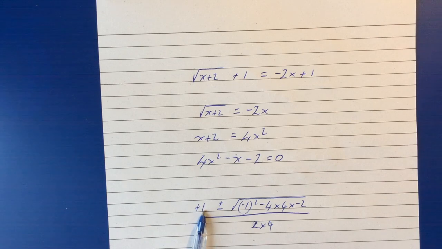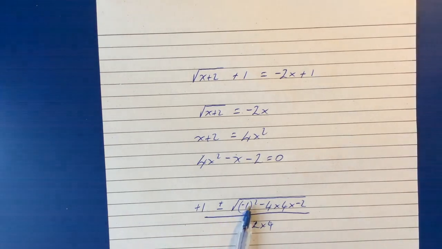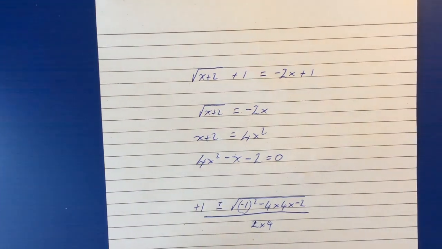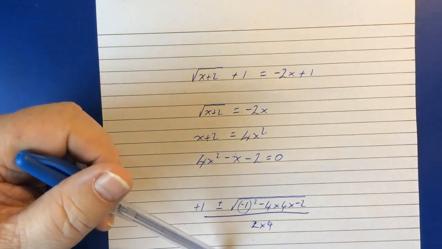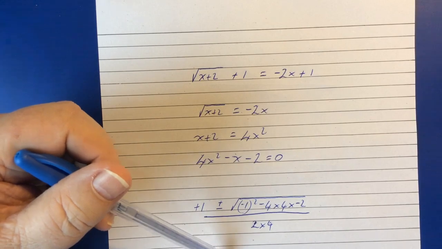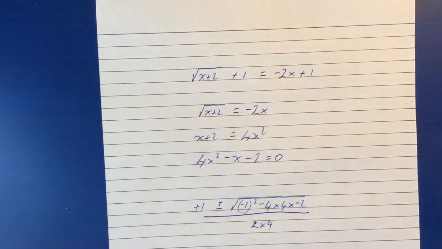So it's 1 plus or minus, note this, this is where our potential second, incorrect answer comes in, the square root of negative 1 all squared minus 4 times negative 2, all over 2 times 4. Now that tidies up to this expression here. And again, it's 1 plus or minus root 33 on 8.